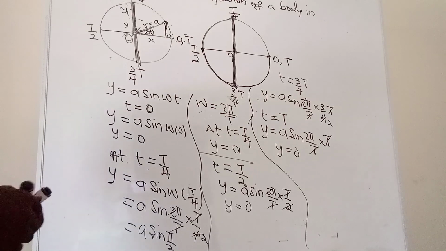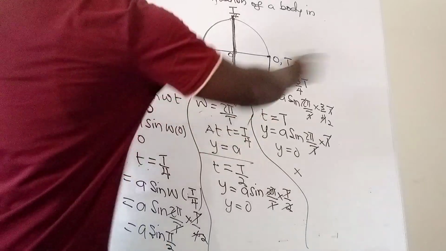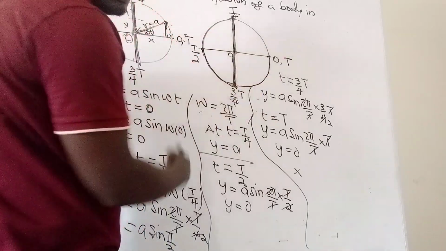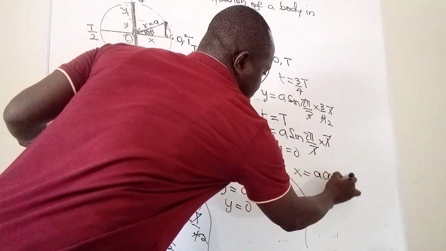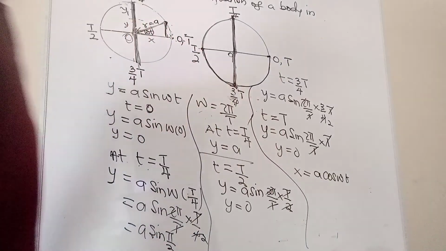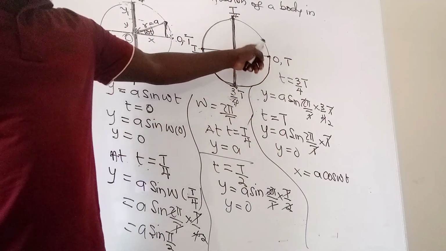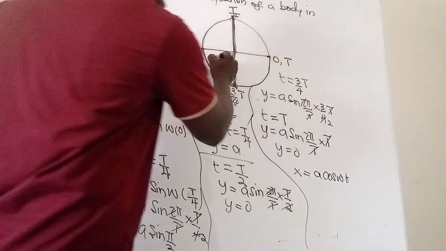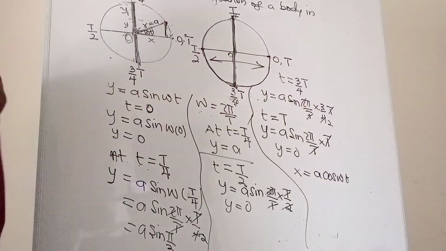And we can also use the displacement along the x-axis, when the object is seen to be displacing this way, to prove the whole thing: a cos omega t, to also look at the displacement of the particle as it oscillates back and forth along the x-axis.